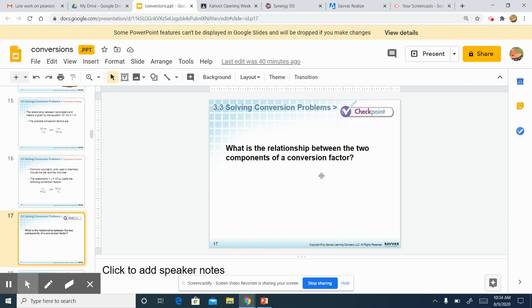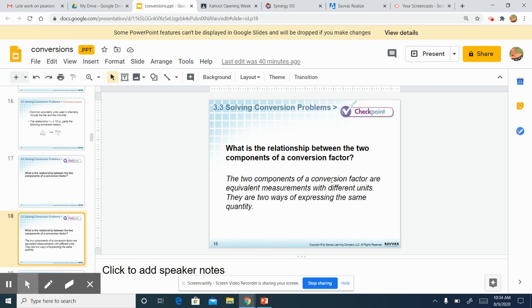Okay, what is the relationship between the two components of a conversion factor? The two components are equivalent measurements with different units. They are two ways of expressing the same quantity. So, 1,000 grams, 1 kilogram. 1,000 millimeters, 1 meter. 1,000 meters is equal to 1 kilometer.